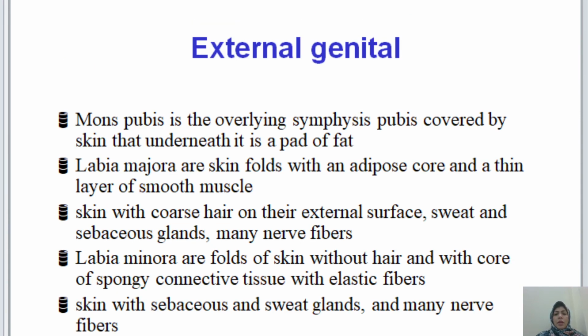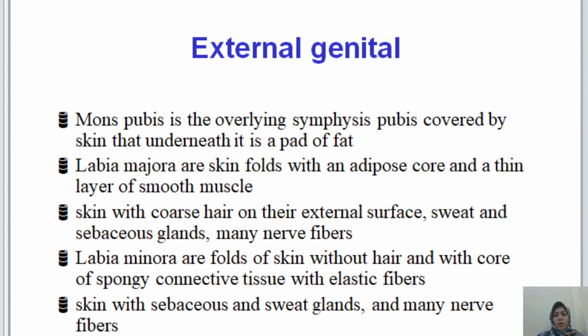Mons pubis overlies the symphysis pubis and is covered by skin, and under it is a pad of fat.